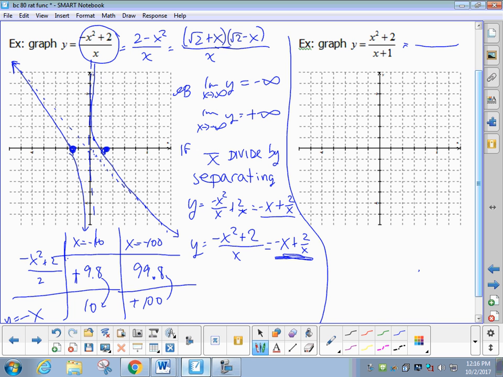Why are there no x-intercepts? Because x squared plus 2 has imaginary roots. That's exactly right. No real zeros. So not everything has to yield x-intercepts. That doesn't always happen. So no x-intercepts because it's not equal to 0.